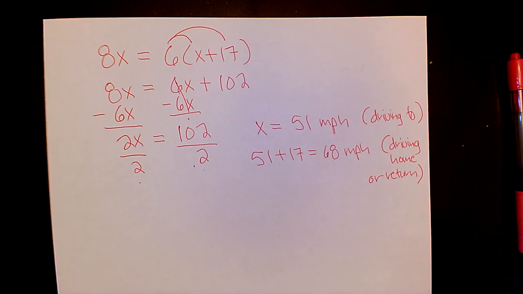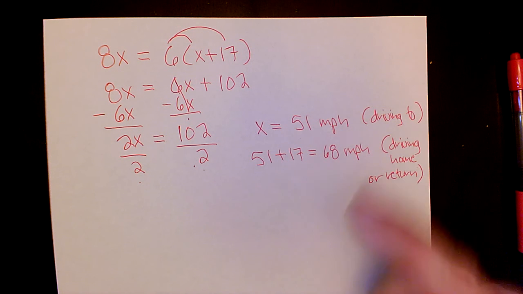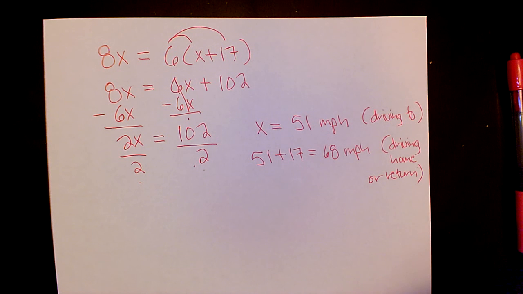But be careful, because they're not looking for that. They want his speed on the return drive. So if you put 51 miles per hour in the box in Hawks for the homework, it's going to count it wrong. So make sure you find out exactly what they are looking for.